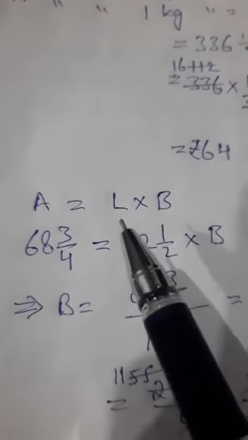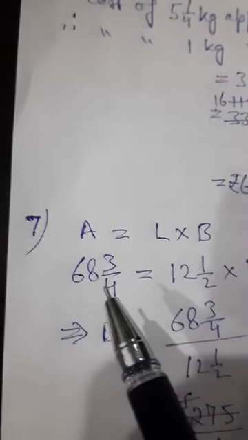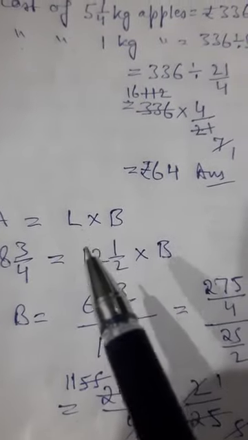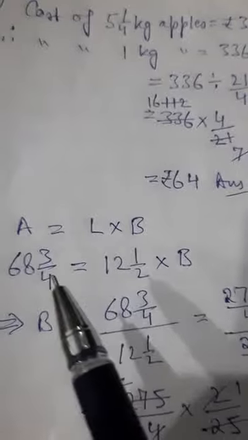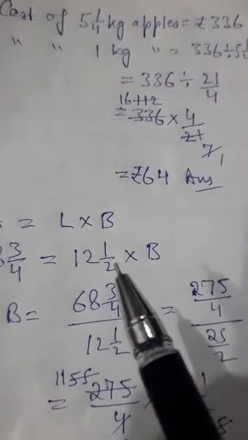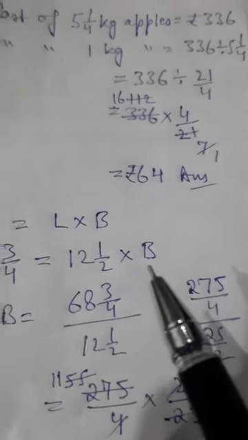You know this formula. So in place of area we put the area given, and in place of length we put the length given, and both are in meter. This is meter square and this is meter, so units are also matching, and we have to find the breadth.